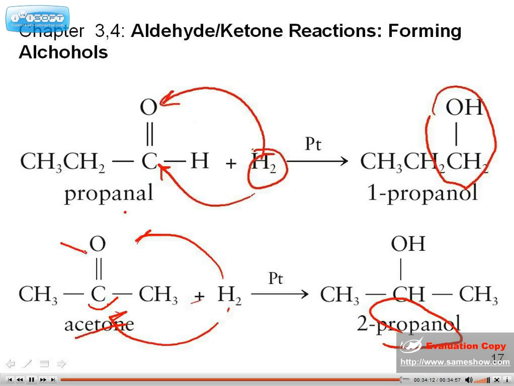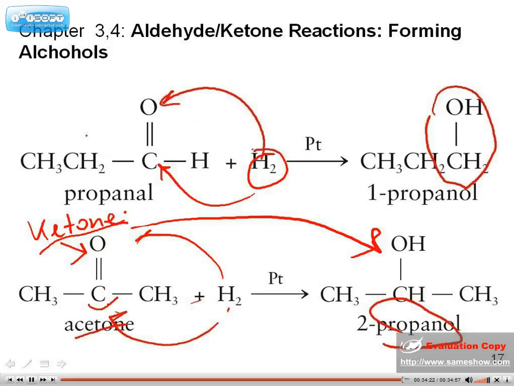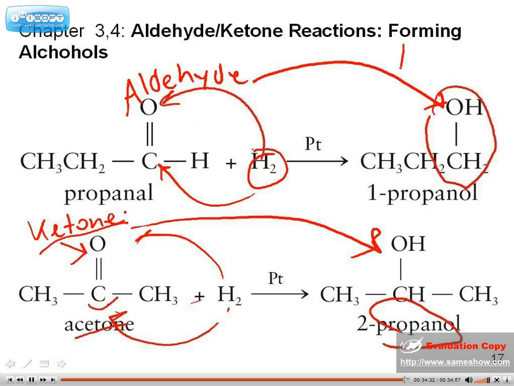The other name for this is a ketone. And let me just say that one more time in case I made a mistake. The ketones will always form the secondary alcohols, and in this case, this right here is an aldehyde. The aldehyde will always form a primary alcohol. So primary, and then just down here is going to be a secondary.